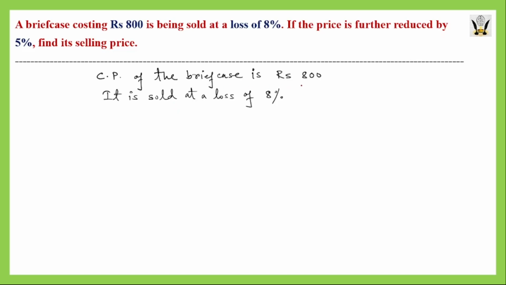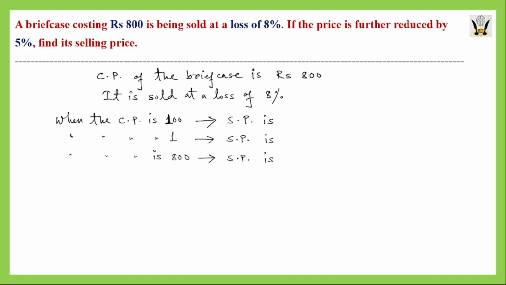So cost price of the briefcase is rupees 800, and initially it is sold at a loss of 8%. So at a loss of 8% means if the cost price is 100, then the selling price will be 8 less than 100. That means 92, 100 minus 8 because of loss, or rupees 92.